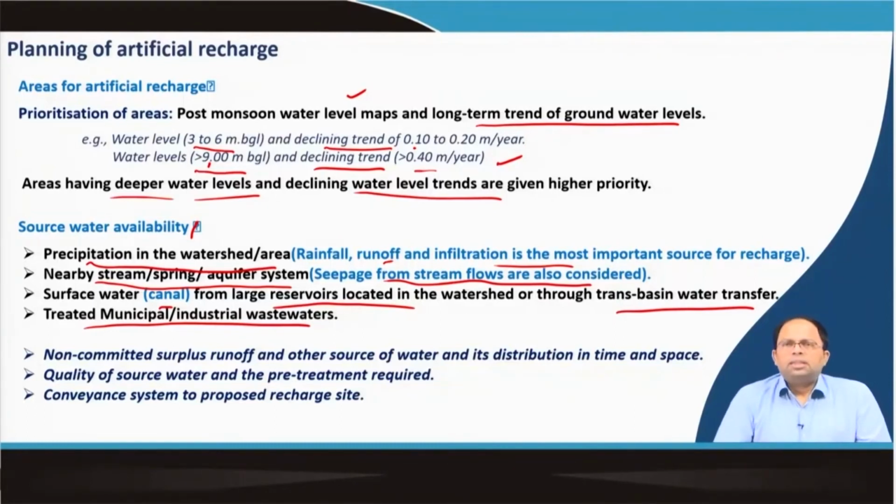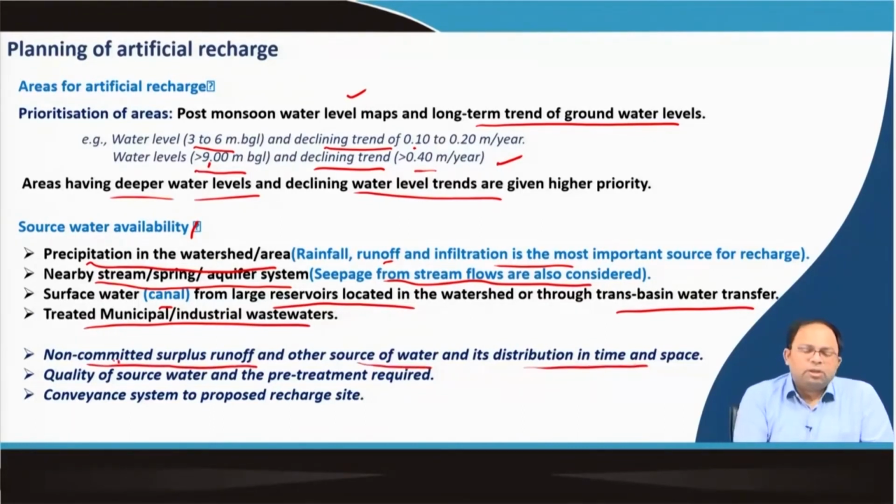So, in all these cases, the water that has to be made available for recharge has to be the non-committed surplus runoff and other source of water and its distribution in time and space. So, it has to be non-committed. That means, there is no other use for this water. Only then we will put it for recharge. If we have already estimated that the reused water would go to a thermal power plant, that means there is already a designated use for that water.